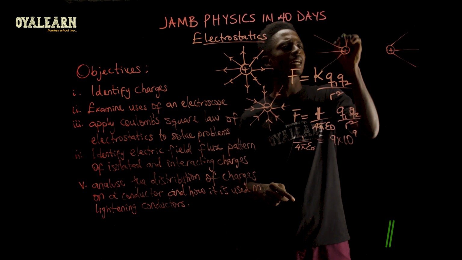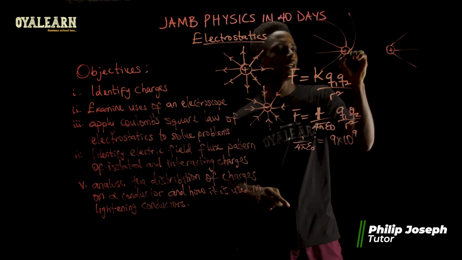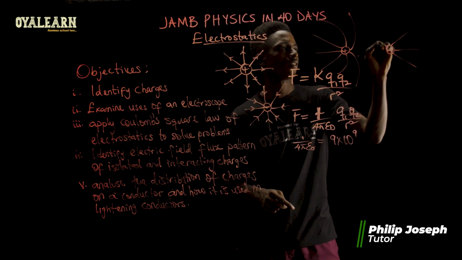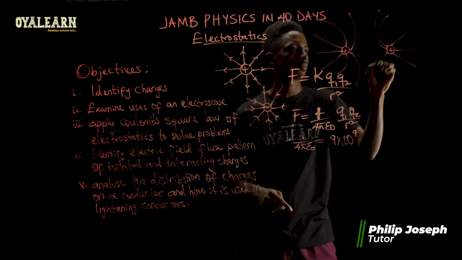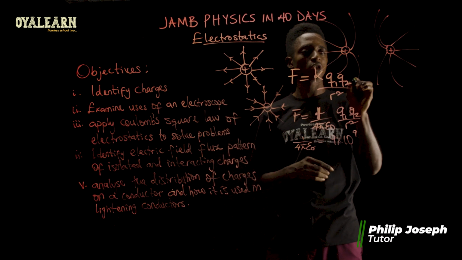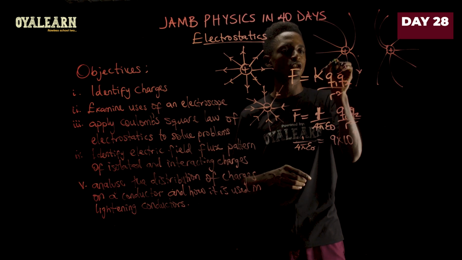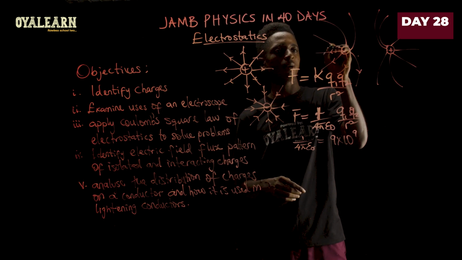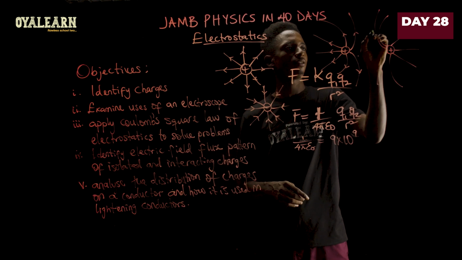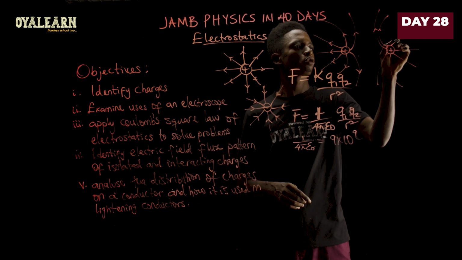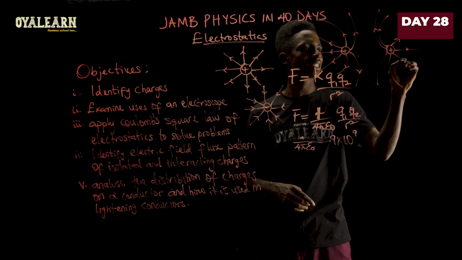But what happens is that you start seeing repulsion occurring like this. You see, this shows repulsion. And remember, since it's positive, the direction is away from the charge.